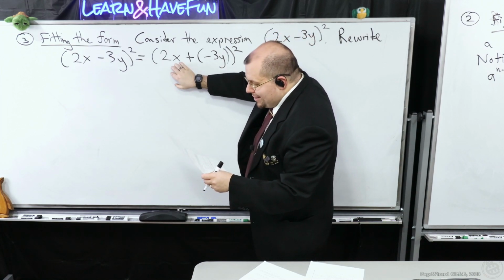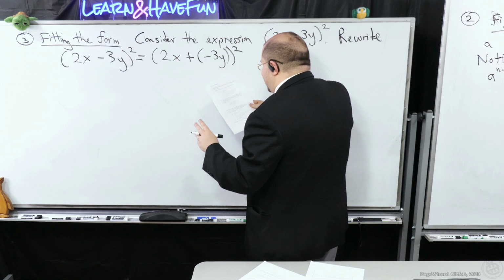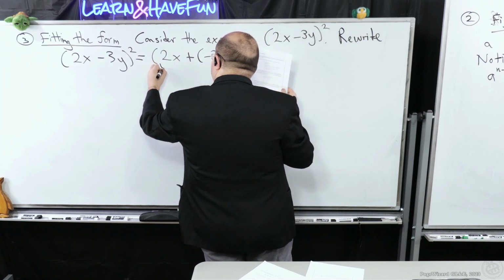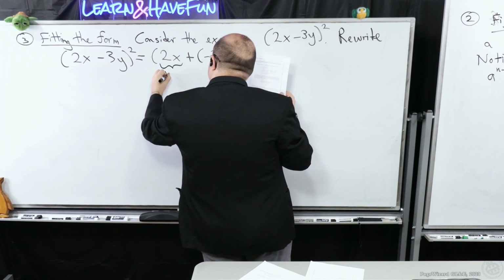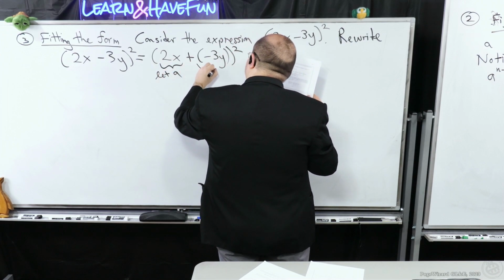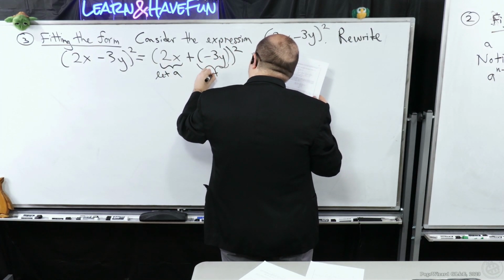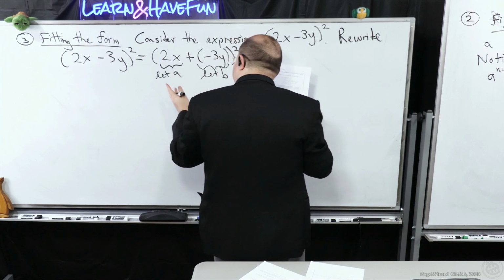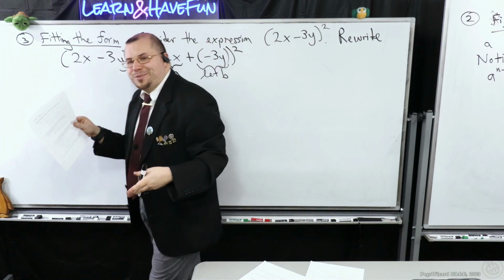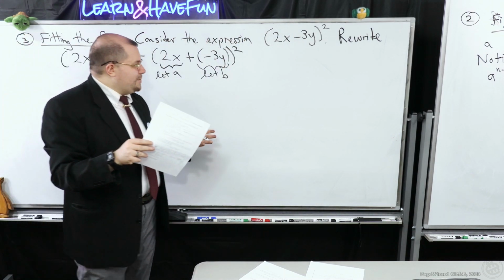So now I have something that looks like an A and something that might look like a B. So what I'm going to do is I'm going to let 2x be A, and I'm going to let minus 3y be B. Because this will work, as long as A and B are real numbers, we can use the binomial theorem.